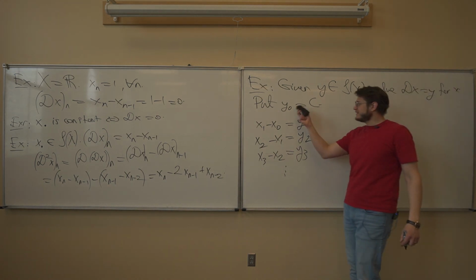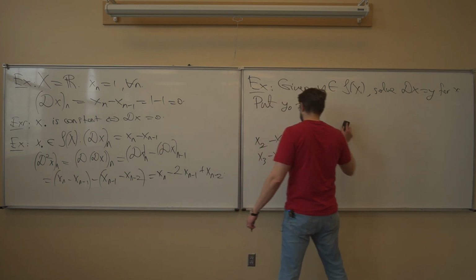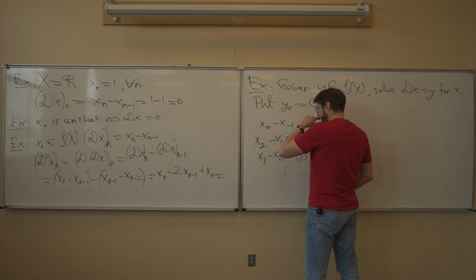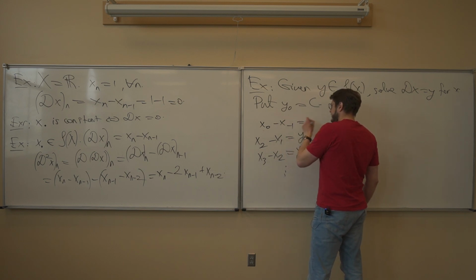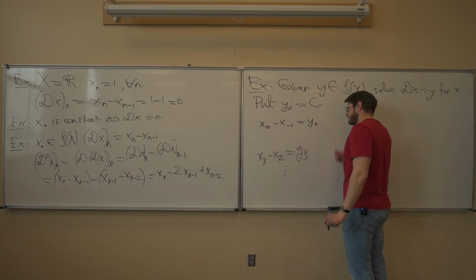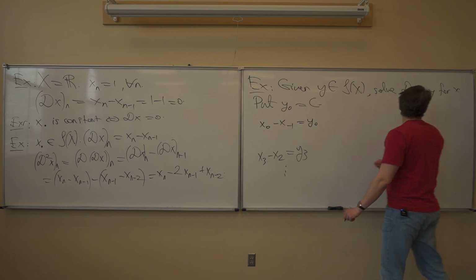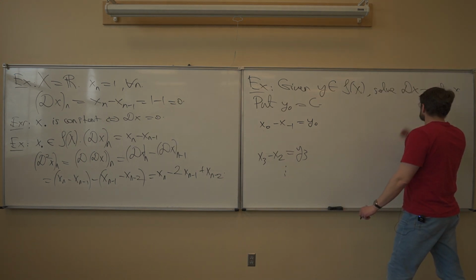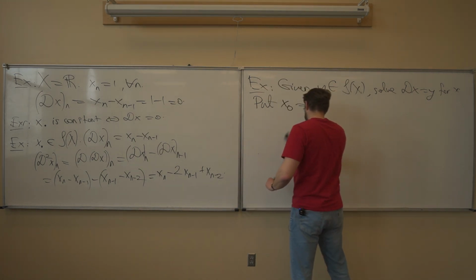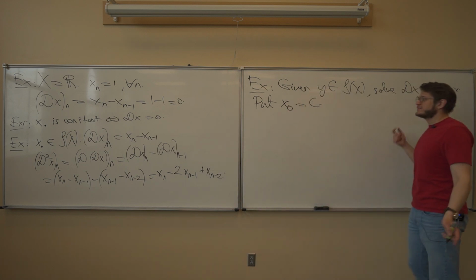I'm denoting by c the 0th value of y. Then I have that x sub 0 minus x sub minus 1. Or maybe I need two values, actually. We'll see. So this is equal to y0. I should be defining x0 probably. Let's define x0. Now it works, I think. Sorry about this. So I'm just setting x0 to be this plus c.